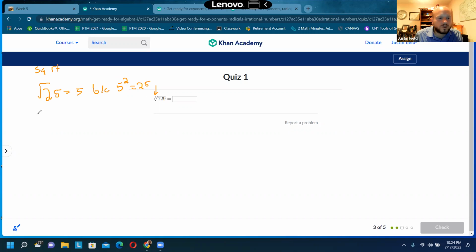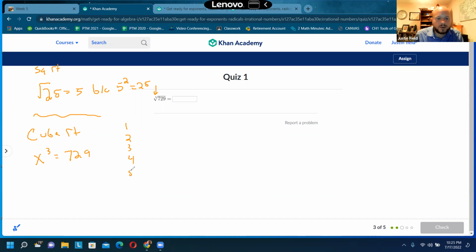So the cube root is the answer to this question: what number to the third power is 729? And before you run away and say, I would never know that, most of the time these answers are going to be single-digit numbers. So know your first 10 cube roots.